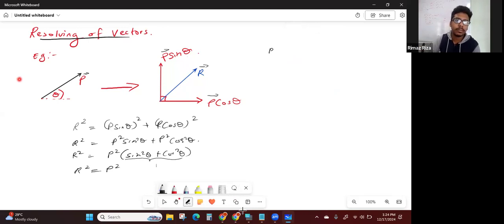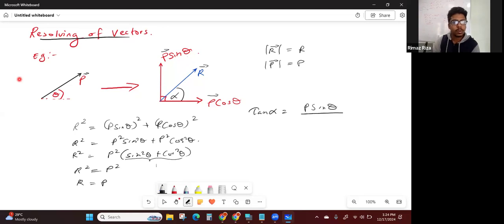Here I take the vector R, whose magnitude is R, and P vector whose magnitude is P. So I'm writing in terms of magnitude. Magnitude is always greater than 0, therefore R is equal to P. So the magnitude of the resultant of these two is equal to P. Now I'm going to find the angle. To find the angle, I can take this as alpha. So I can write tan alpha equals opposite over adjacent. Opposite is P sine theta over P cos theta.